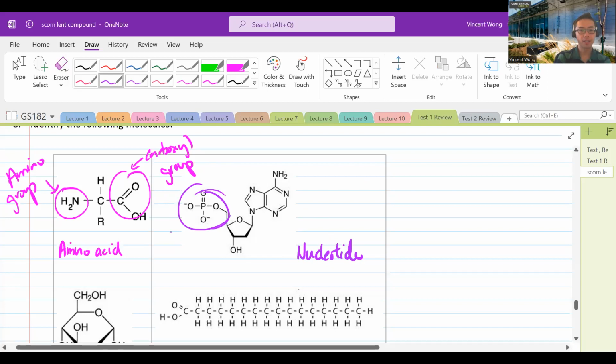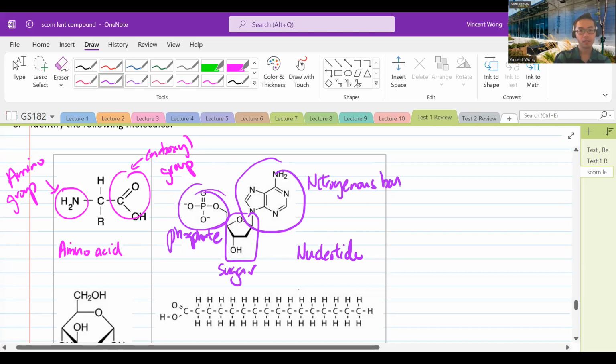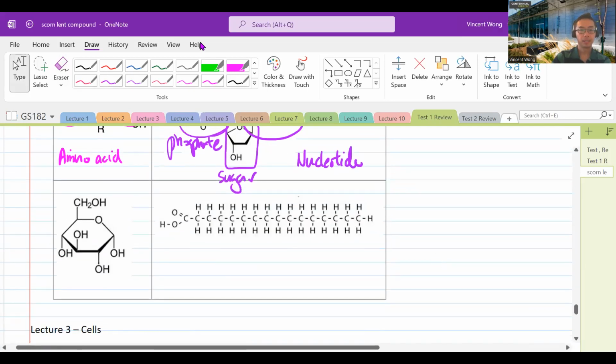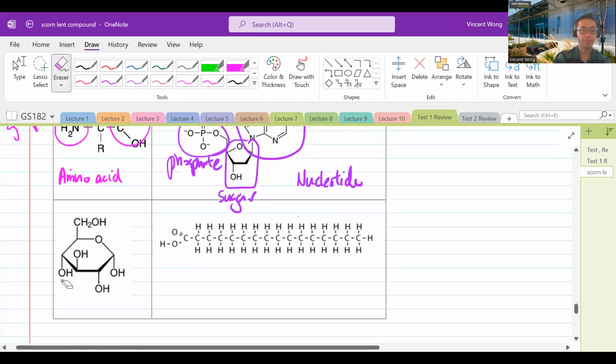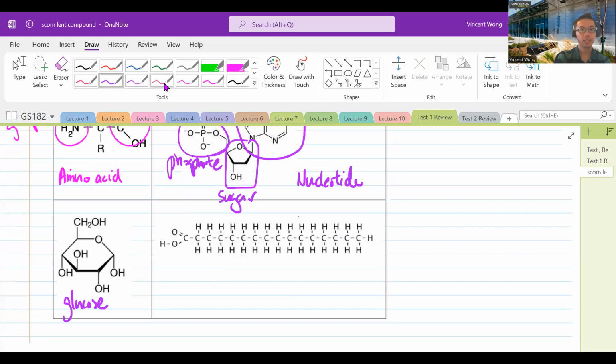That's the phosphate right here. We have the sugar here. And there is your nitrogenous base. Okay. Over here, that is a glucose. And this one, fatty acid.